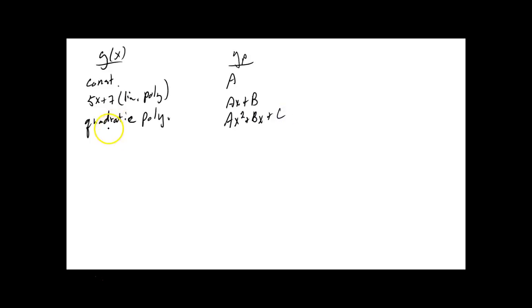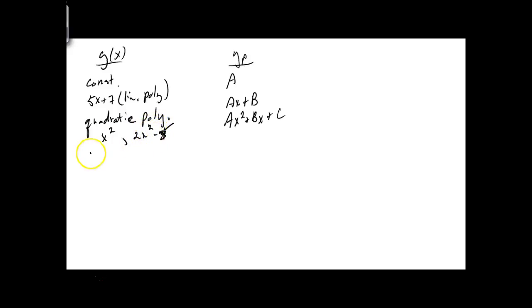Even if this quadratic polynomial is of the form x squared, if that's all there is, you still put all three. If it's 2x squared minus 4 or minus 5, or something like that, you still put down all three. Don't just mimic what g is, put the full extent of a quadratic function for your y sub p.